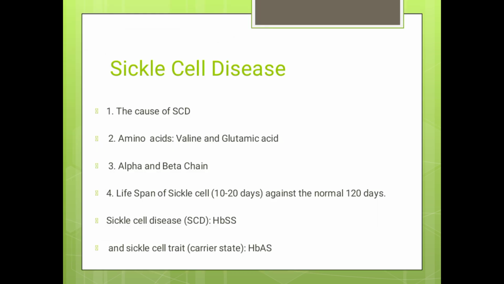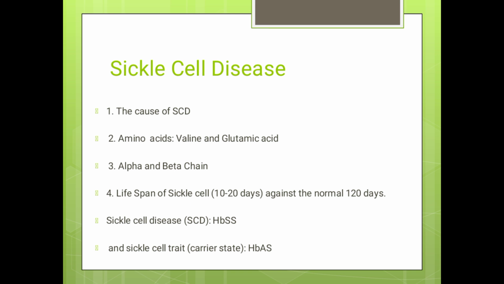What happens during sickle cell disease? What causes sickle cell disease at all? Have you asked yourself this? The cause of sickle cell disease is biochemical in nature. Why am I saying this? There are about 20 important amino acids in the body, very important for life. Two among them are valine and glutamic acid.